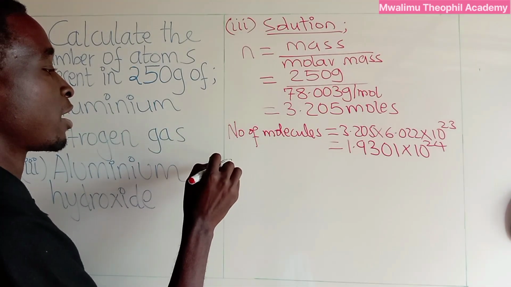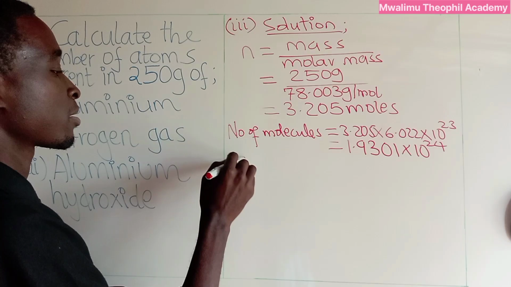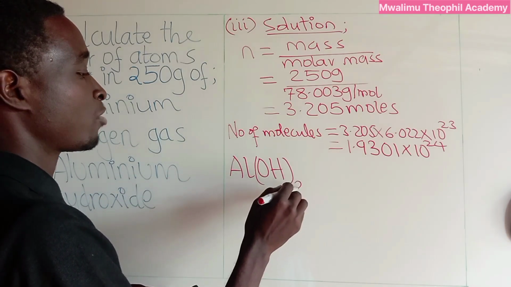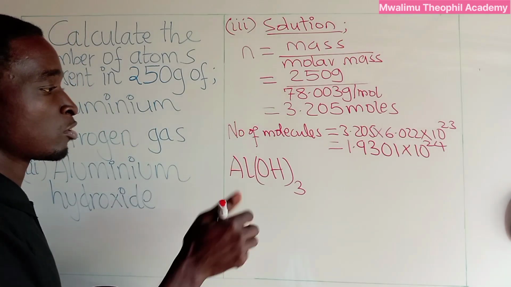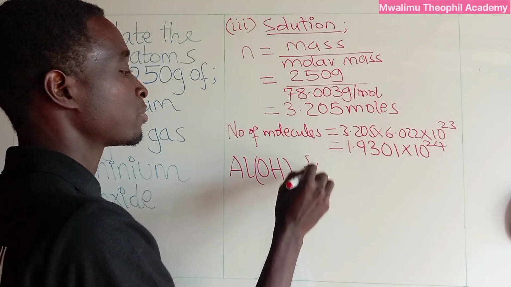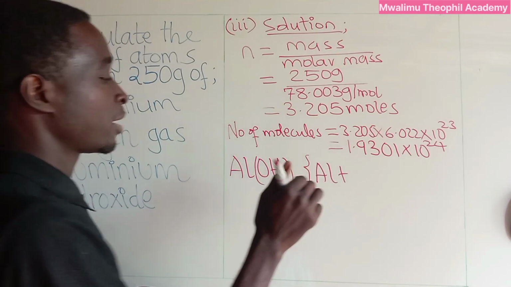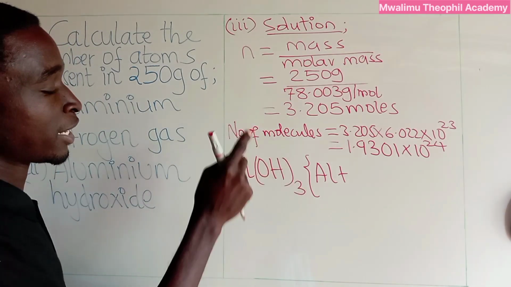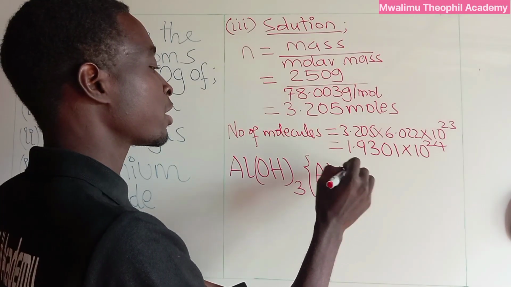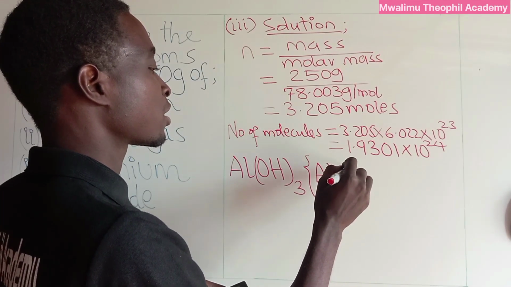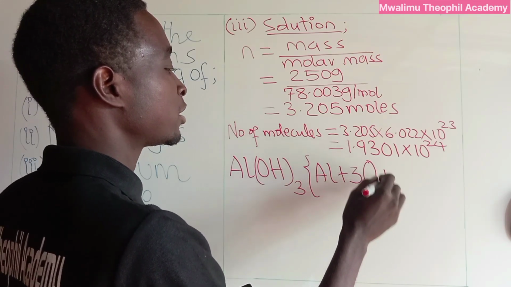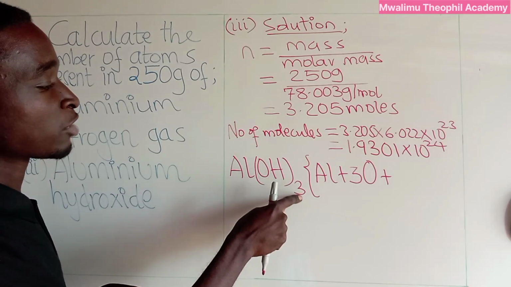We have aluminium hydroxide. How many atoms in this single molecule? Here we have one aluminium, and we have 3 oxygen atoms. As you see, there is oxygen and outside there is 3, so 3 oxygen atoms, and we have 3 hydrogen atoms.